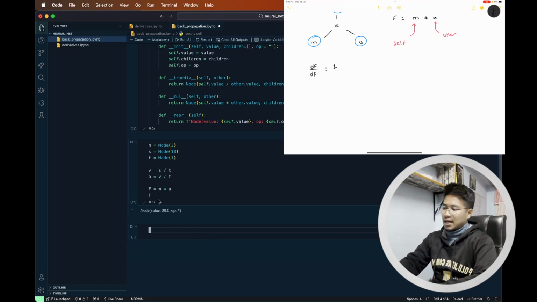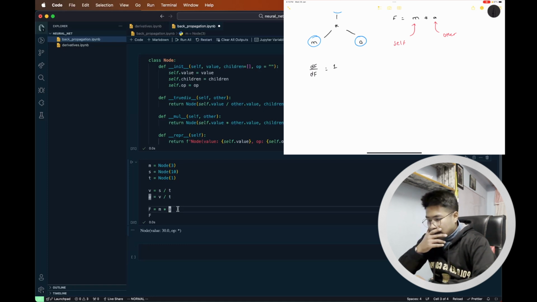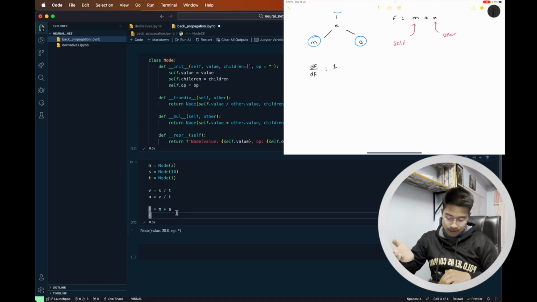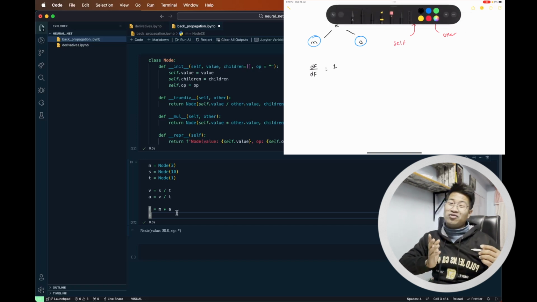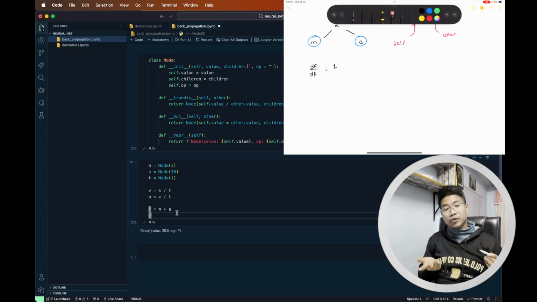Okay, so let's do this now over here. But now I realize something. This thing that I calculated is the derivative, and I have not stored that anywhere. So where should I store it?